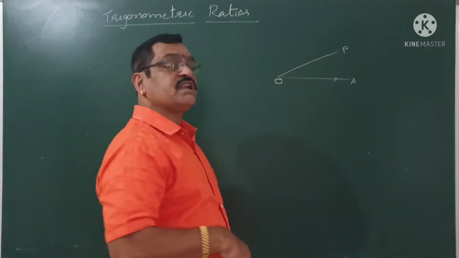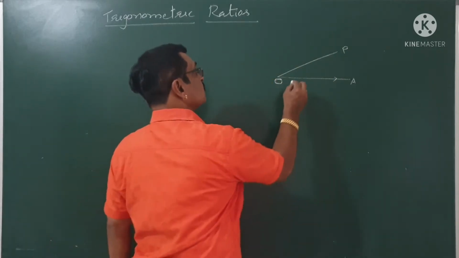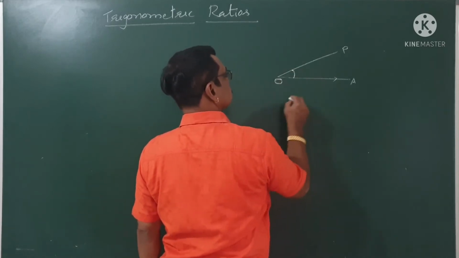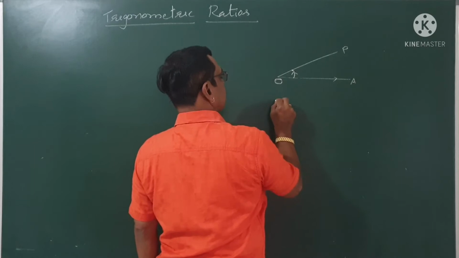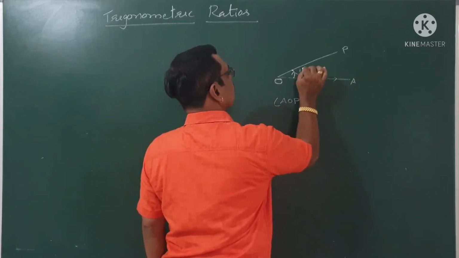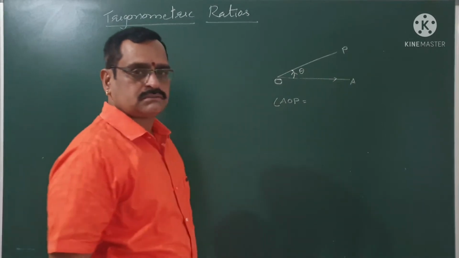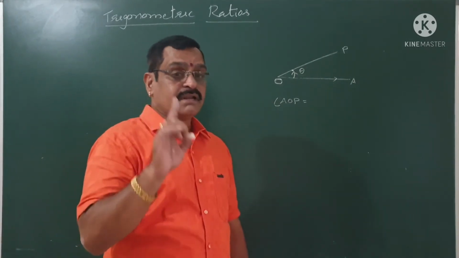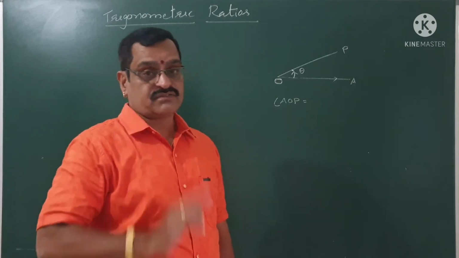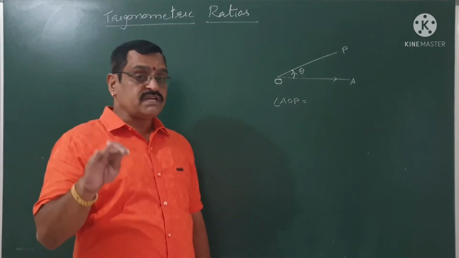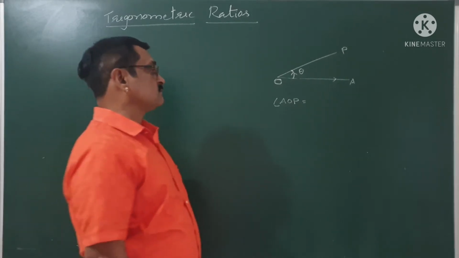It came to the position OP. Now this is the angle. Angle AOP is equal to, I use the symbol theta. Now remember, this theta is less than 90 degrees. So in this chapter, we are going to consider only angles less than 90.